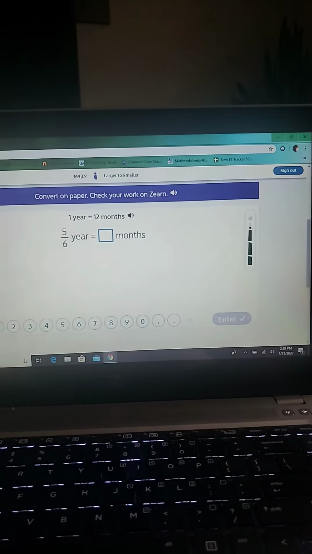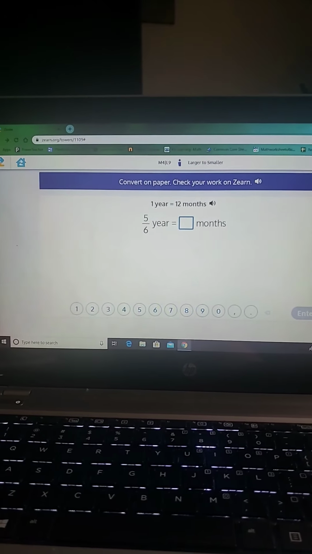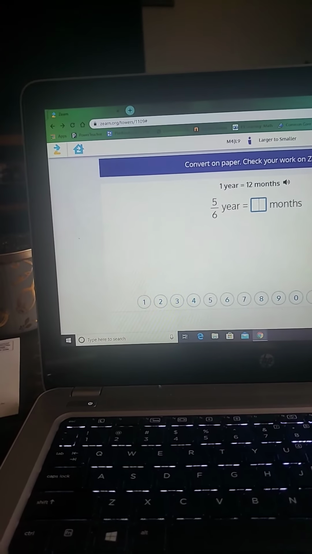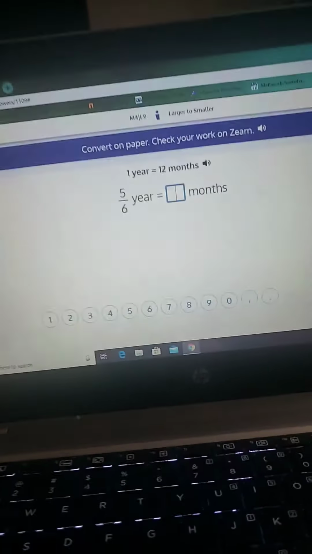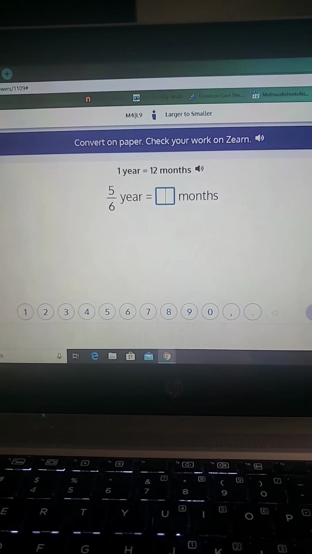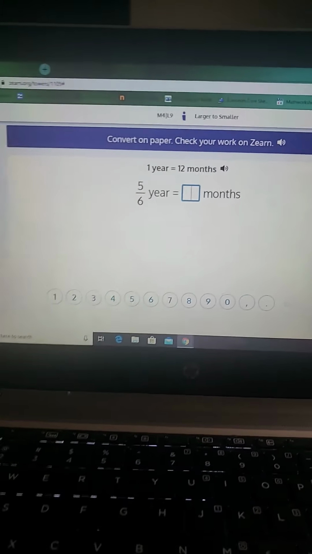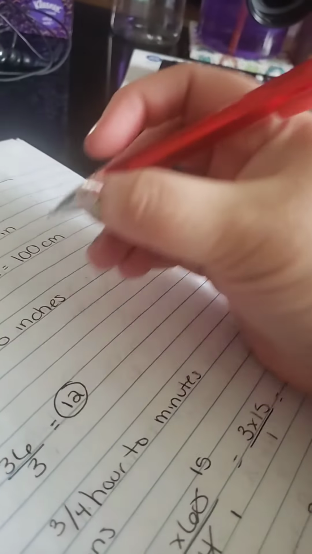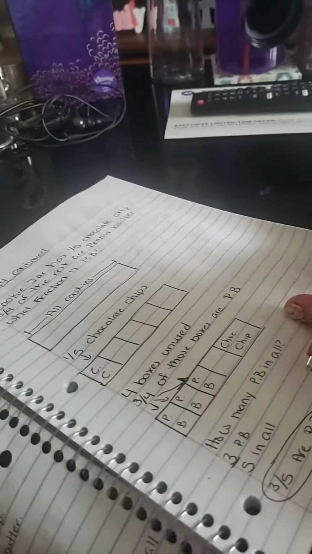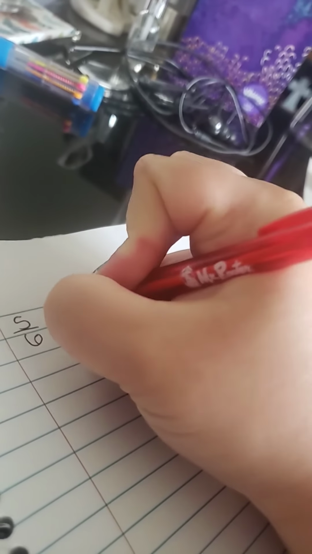Okay, we have 5/6 of a year equals how many months? So, you can do either way. Again, you could do the crossing off way, or you can do the other way. Let me get to a new piece of paper, sorry guys. So 5/6 times 12.